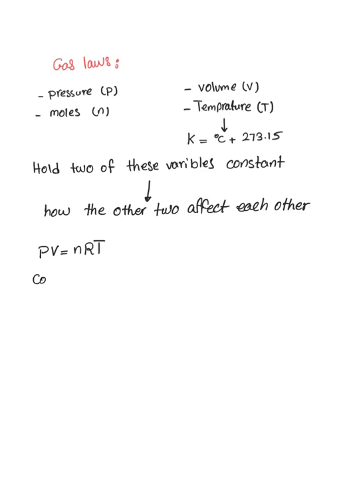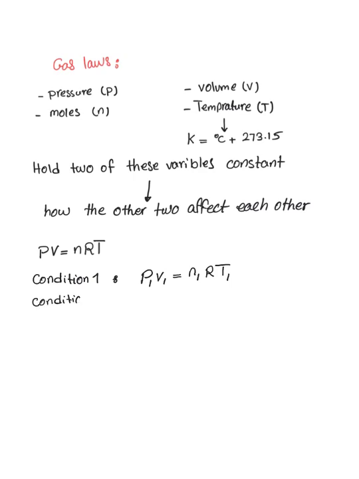So, condition 1, we have P1, V1, N1, R, T1. R doesn't have any subscript because it's a gas constant and it's always the same in all the conditions.